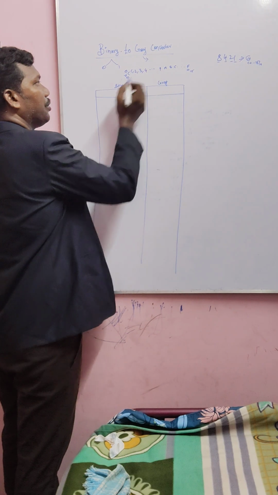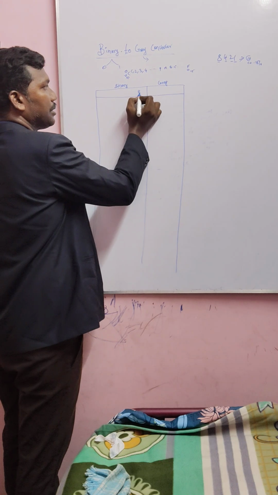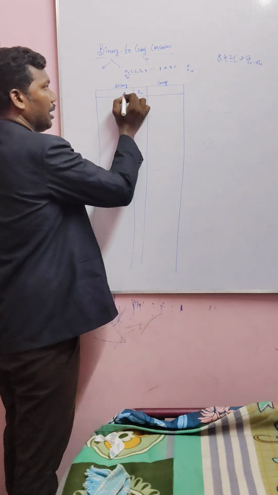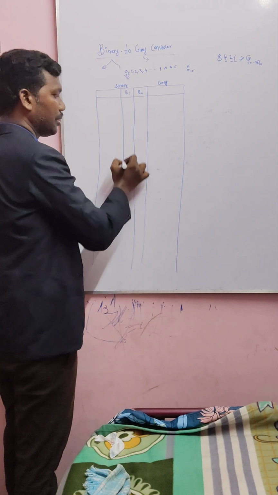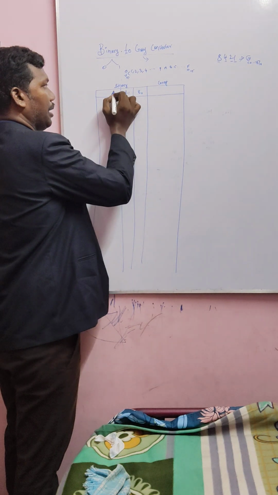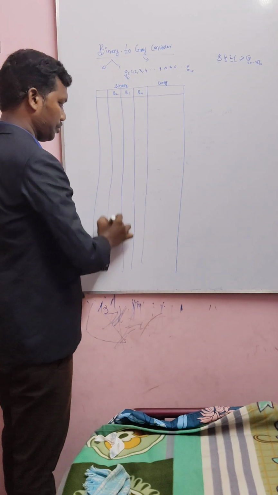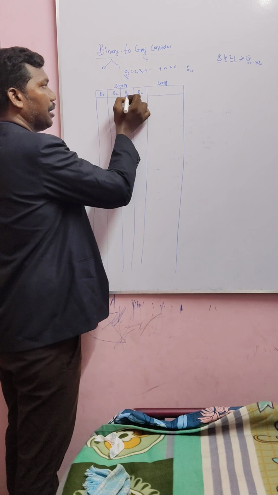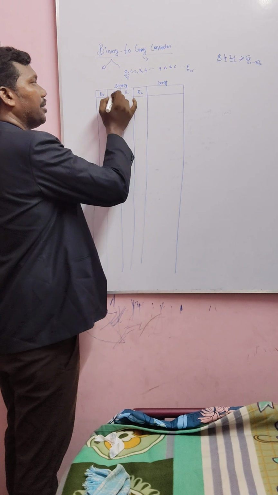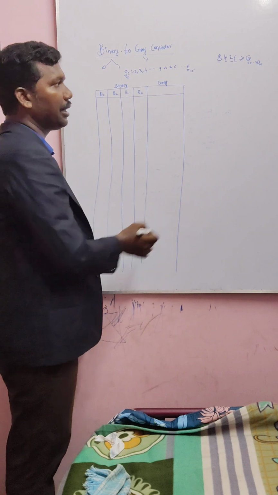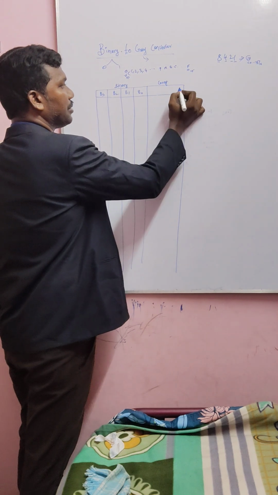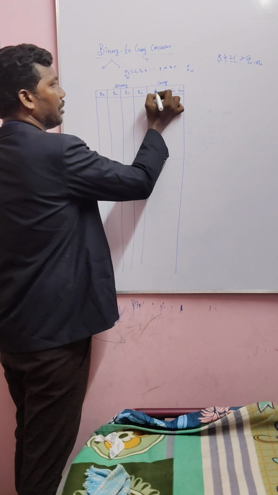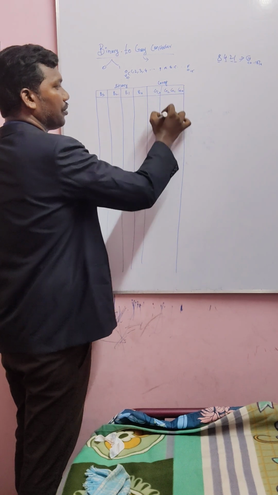Since binary is 8421, 4 bits will be taken, and I start with the lowest, B0, and the next one will be B1, and this will be B2, and finally B3. So this is the first LSB portion, and the next immediate bit, the next immediate bit, and the final MSB. And for gray code, the same way I write the LSB, next bit, next bit, and the MSB, right? So this is a 4-bit code.